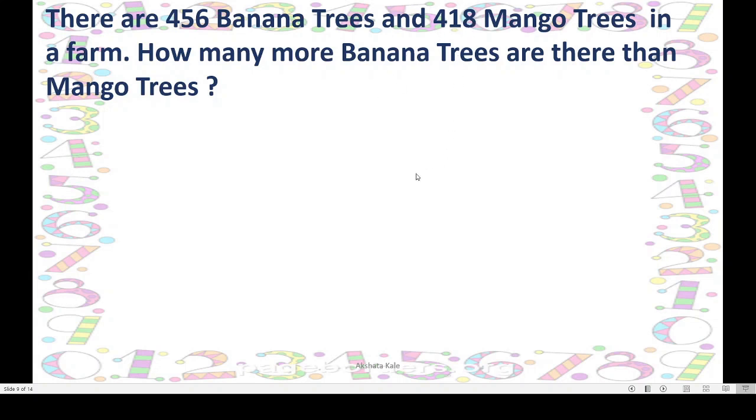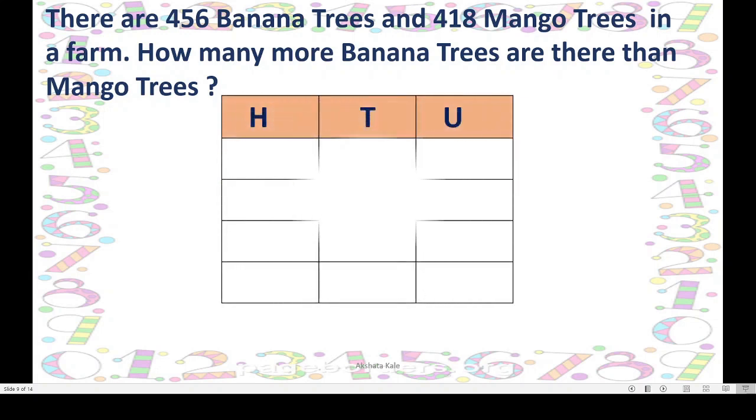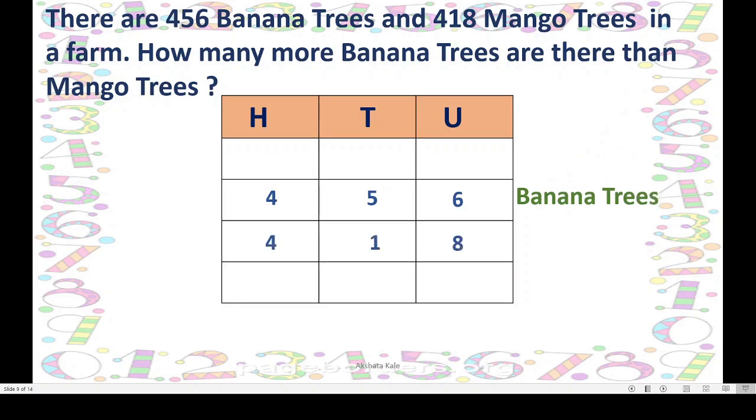Okay, we will use our subtraction method and we will find out. Now we are going to write 456 first, that is banana trees. Now 418, that is mango trees, minus. Okay, now we will begin our sum. 6 minus 8, not possible. 6 borrows from 5 tens and it becomes 16.